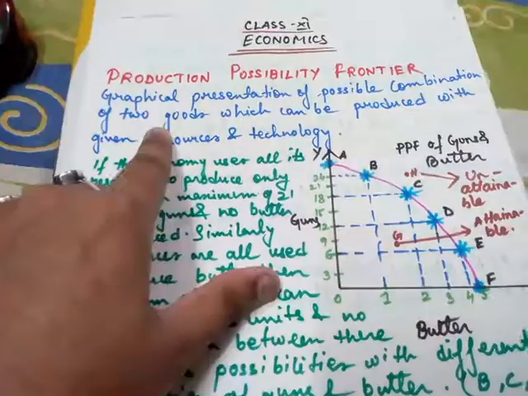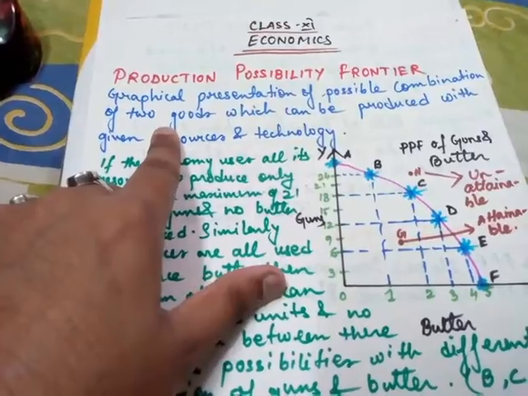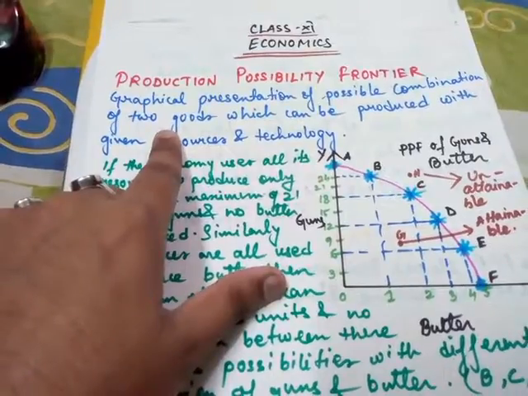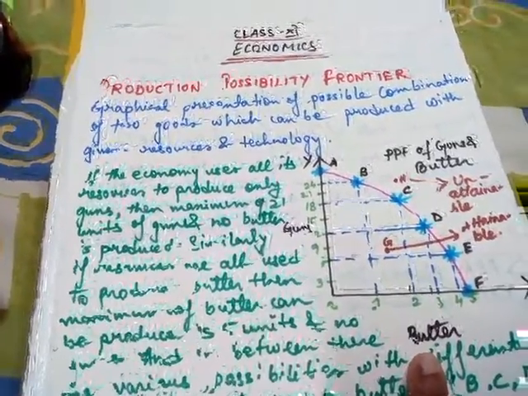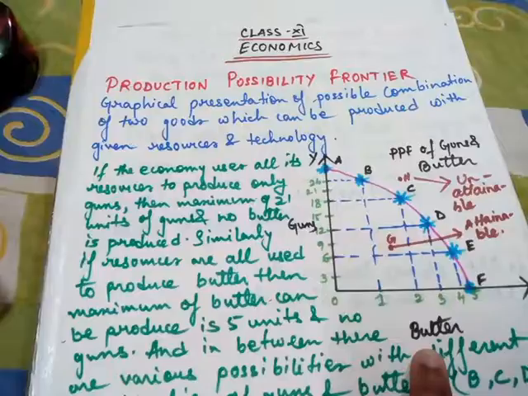This means, for example, you will produce a gun and butter. These are the two goods which you will produce. Assume that you are the producer and you will produce two goods, gun and butter, with limited resources and technology.